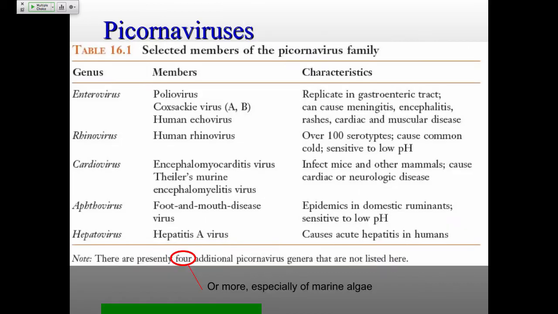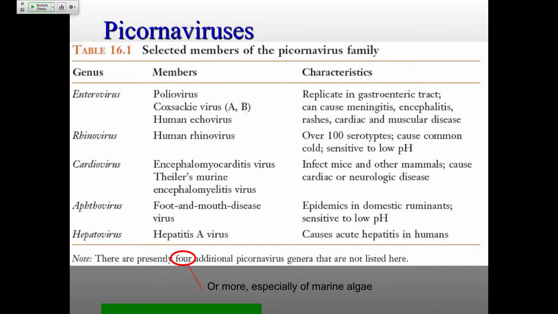Let's move on. Okay, so now those viruses that infect human primates as opposed to non-human primates, and also a bunch of other things. So the picoRNA viruses, I try never to say that particular pronunciation of it because I think it's ridiculous.